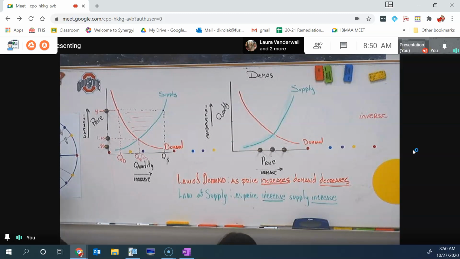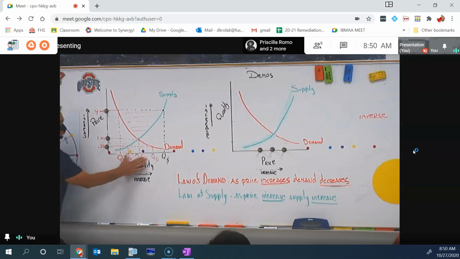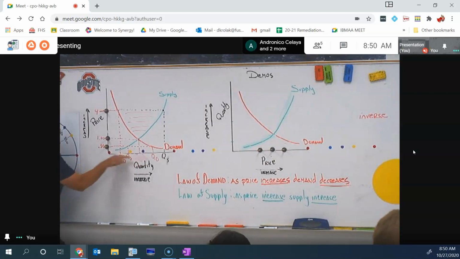Okay, so now, if I draw lines coming over here, go down, that's the quantity supplied. That's the quantity demanded. Okay, so now this is further along than that.